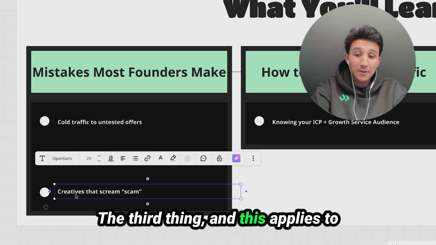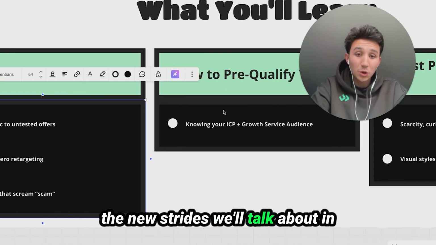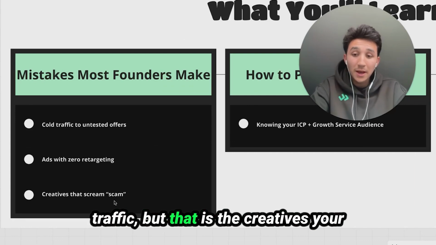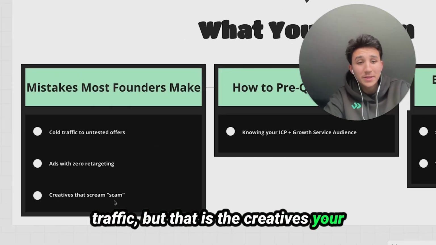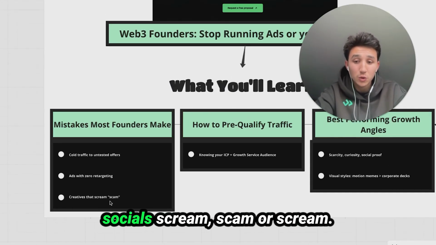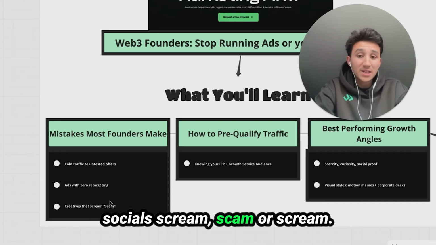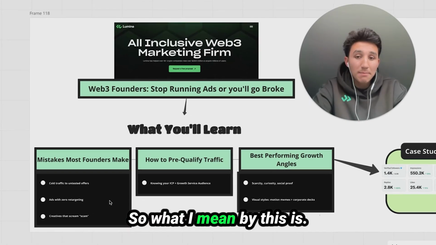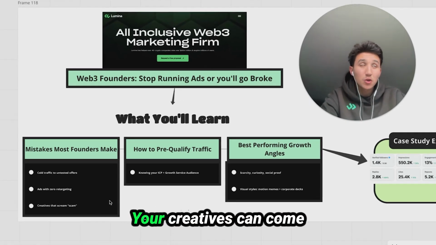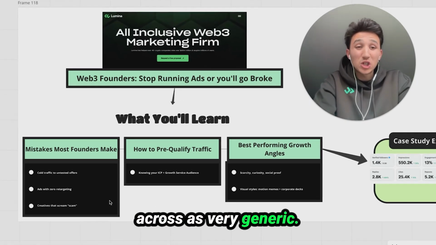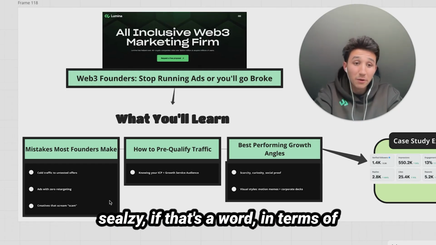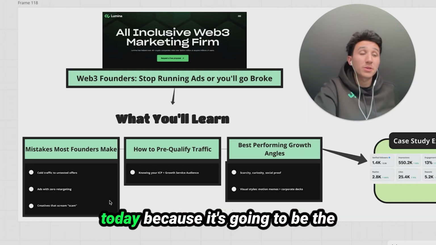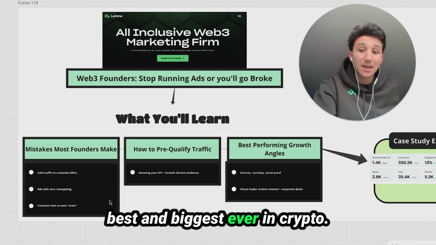The third thing, and this applies to the new strategies we'll talk about in terms of how to pre-qualify your traffic, is that the creatives your team and company are using on socials scream scam or scream this is not a valuable project. What I mean by this is your creatives can come across as very generic. They can come across as very salesy, if that's a word, like, hey, you can farm our airdrop today because it's going to be the best and biggest ever in crypto.